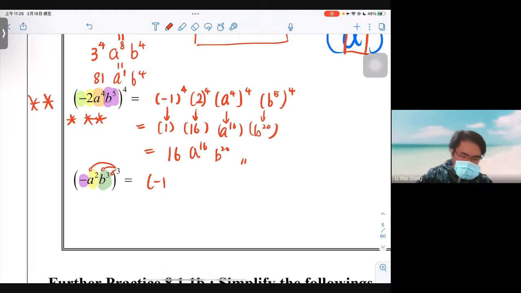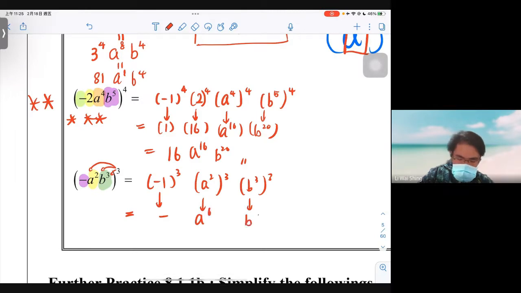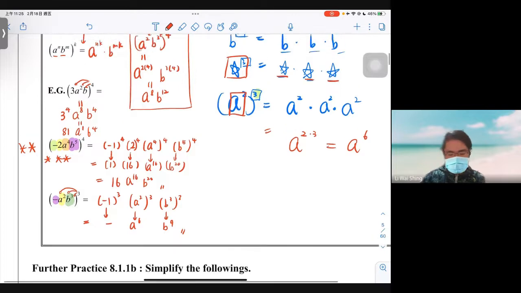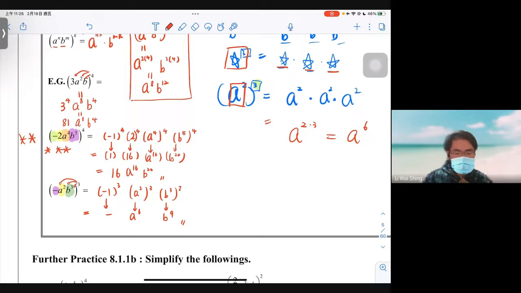So you split it: a squared to the power of 3, b cubed to the power of 3. −1 to the power of 3 equals −1. a squared to the power of 3, (a^m)^n equals a^(m×n), and here you get b to the power of 9. So this is the answer. Can all of you follow? Okay, so this is the negative part.